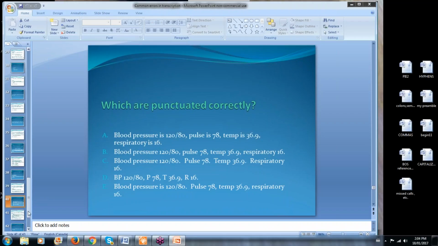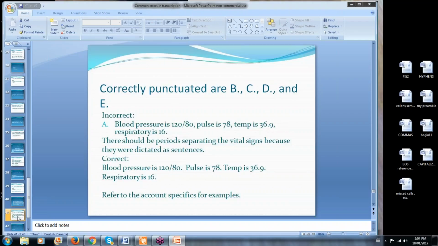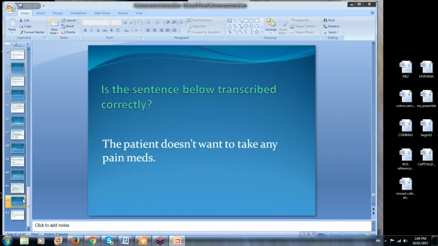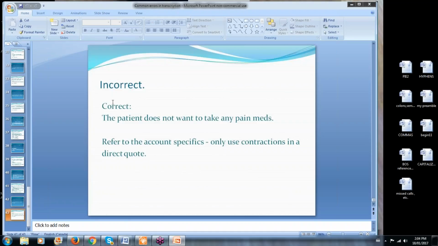You're welcome. Okay, another big one, the last one. Is the sentence below transcribed correctly? The patient doesn't want to take any pain meds. No, no, no, no, no. Okay, everybody's saying no. Okay, great. So I get that a lot. That's right, it's incorrect.